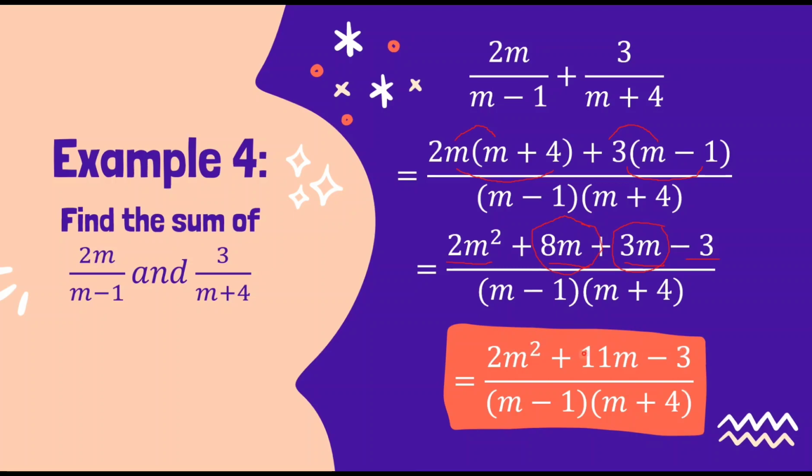But if we could get the two factors of our trinomial, we could use them. However, since we have 2m squared plus 11m minus 3, we do not have any factors of this trinomial. Therefore, that will be our final answer.